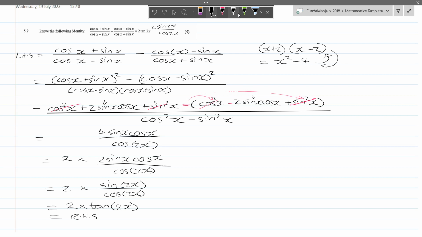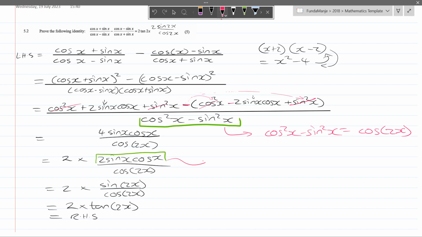So here I'll just point out the identities that I used. Over here I used the identity for cos squared x minus sine squared x is equal to cos 2x. And then over here I used an identity for 2 sine x cos x is equal to sine 2x.